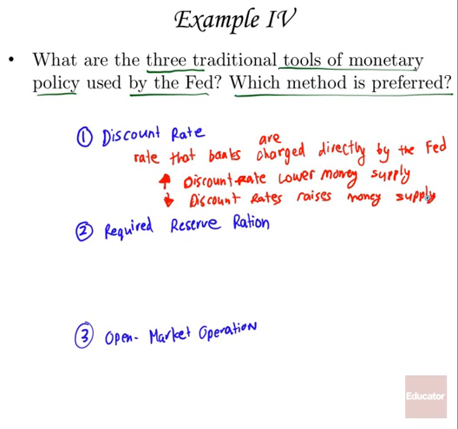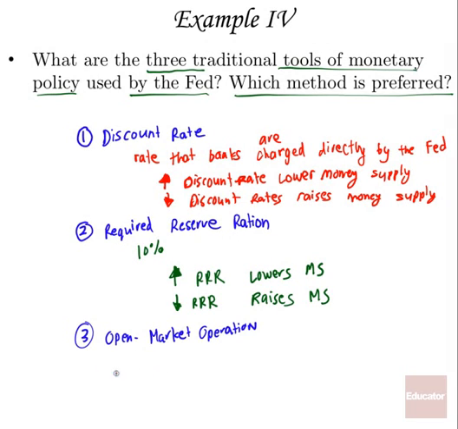Required reserve ratio, roughly 10% here: raising the RRR will again lower the MS because banks are required to hold on to more of their money, so there's less money out there for the people. When you lower the RRR, it raises the money supply. Why? Because banks are now able to lend out more of their reserves, and therefore it increases the money supply.